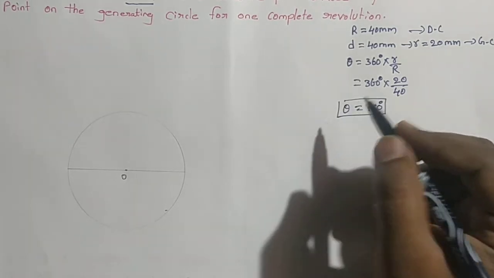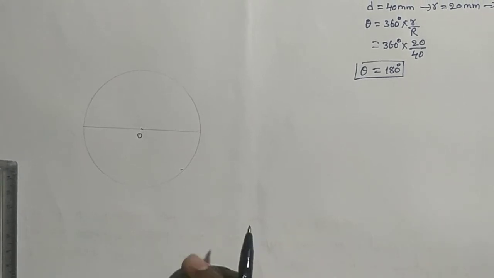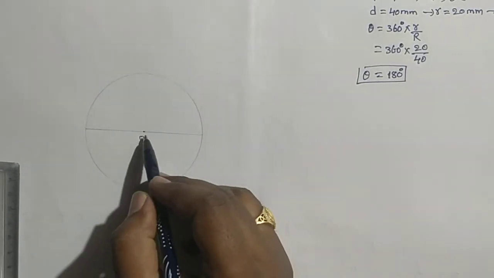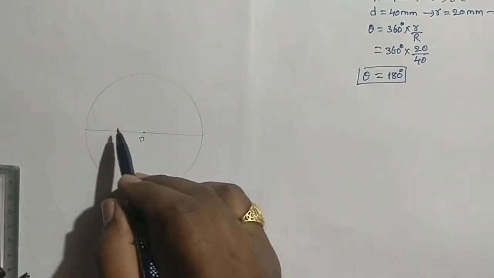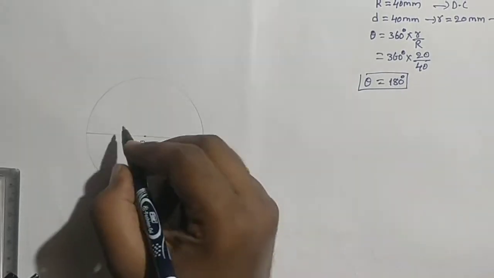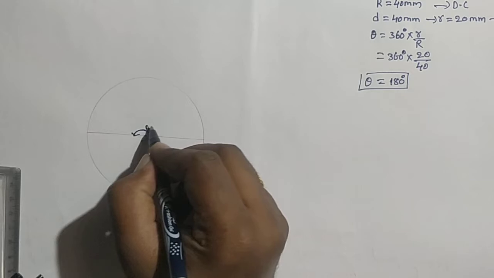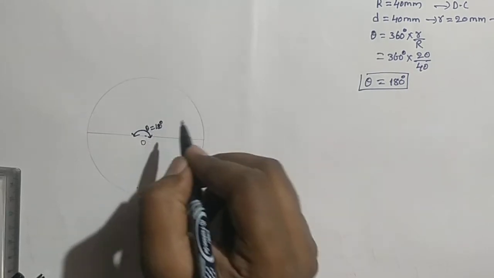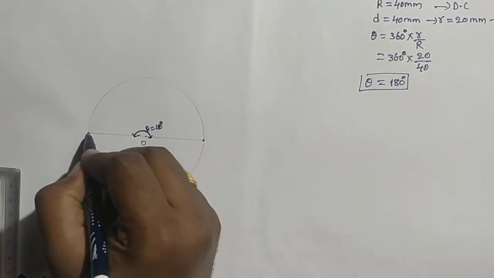For this we need to draw first the directing circle with radius 40 mm. Next we calculate the angle of rotation. Here the angle of rotation theta is 180 degrees. It means this is the end point and this one is the starting point.